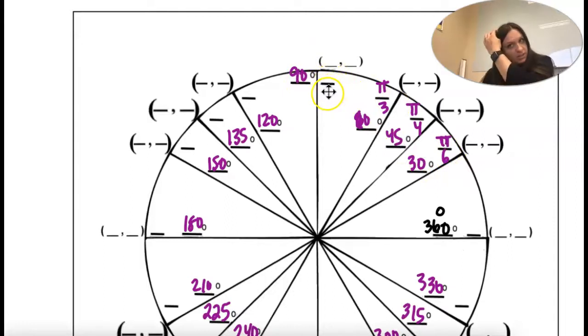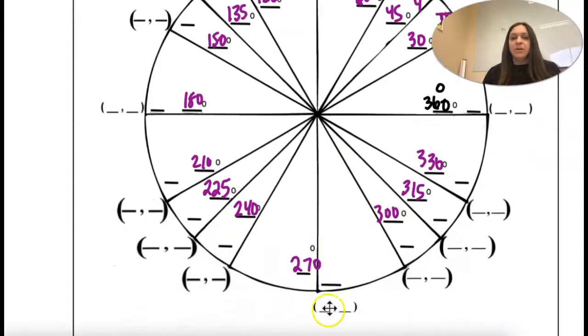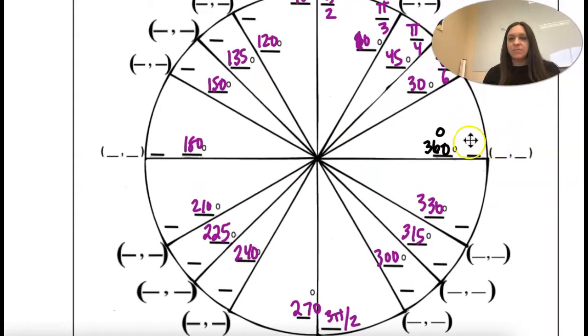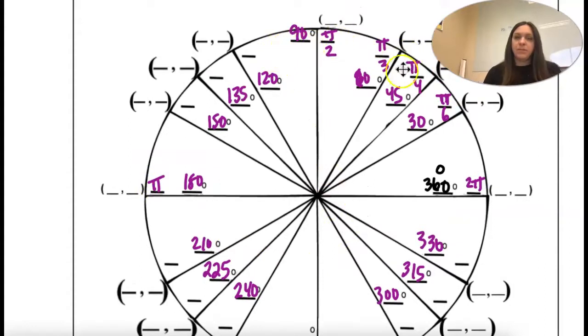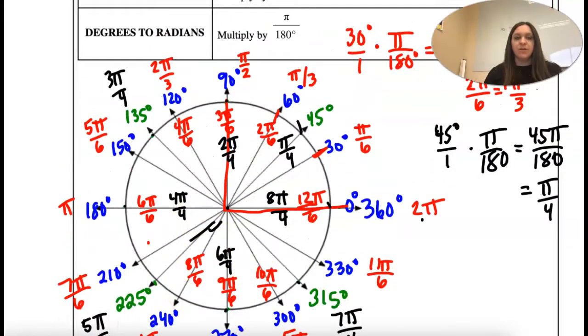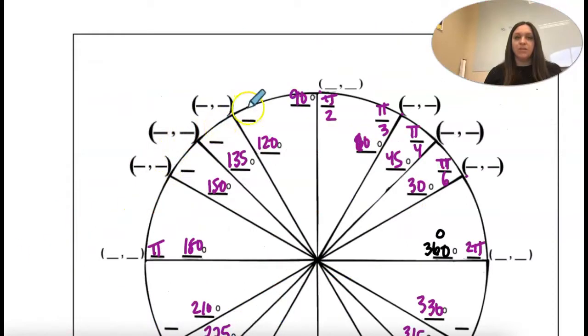So this is pi halves, 3 pi halves, 2 pi, and then you can count the rest of them. So 1 pi over 6, 2 pi over 6, 3 pi over 6, 4 pi over 6. Sorry, I feel like I'm doing this all over again. 2 pi thirds.